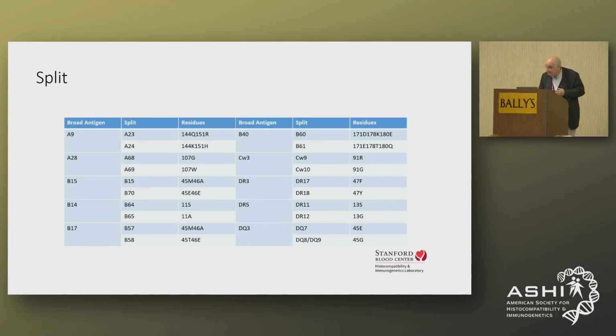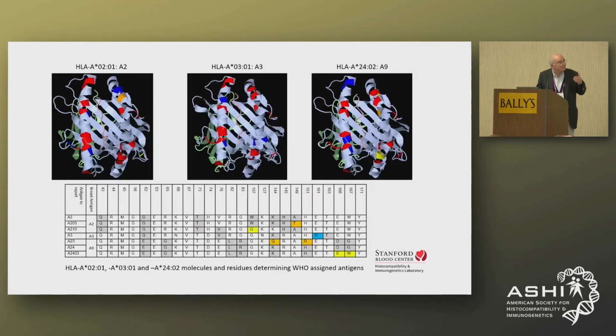Therefore, those residues are important to map, to assign serotypes as well. Indeed, we came up with sets of residues for HLA-A, for example 25 residues that we can include to define all the serotypes that were defined to date.